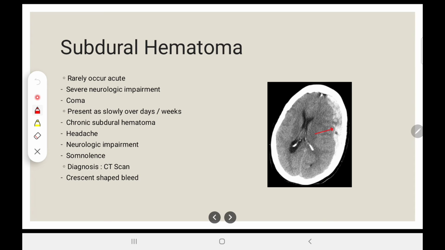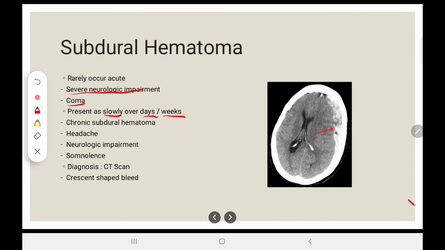Subdural hematoma rarely occurs acutely. When it is acute, the signs and symptoms are severe neurologic impairment and coma. But it can also present as chronic, slowly over days and weeks.